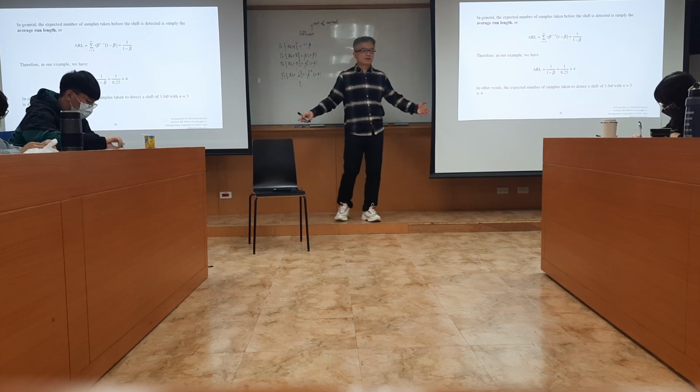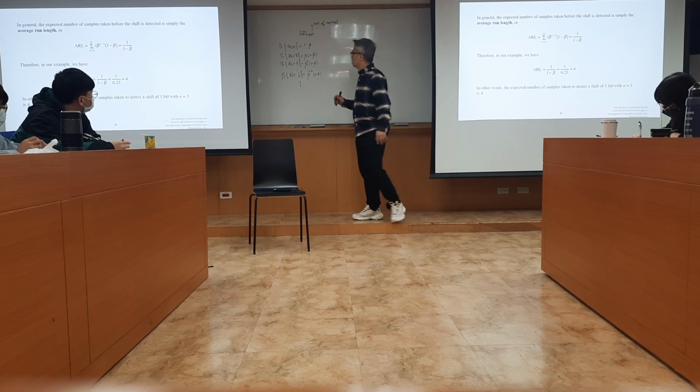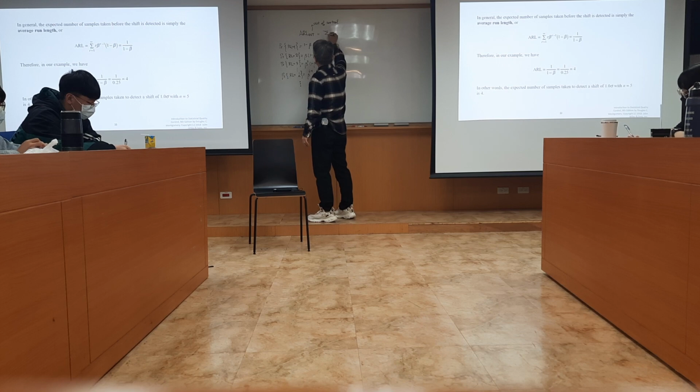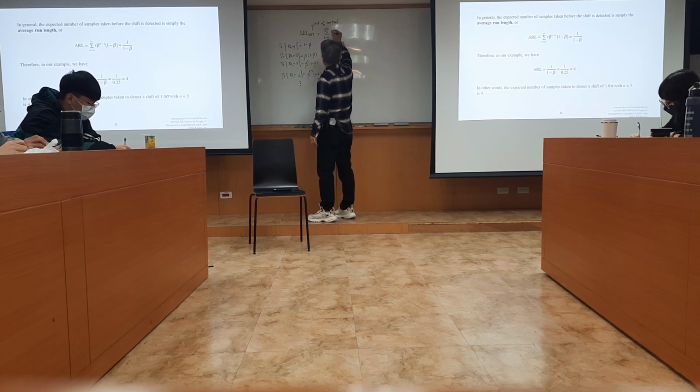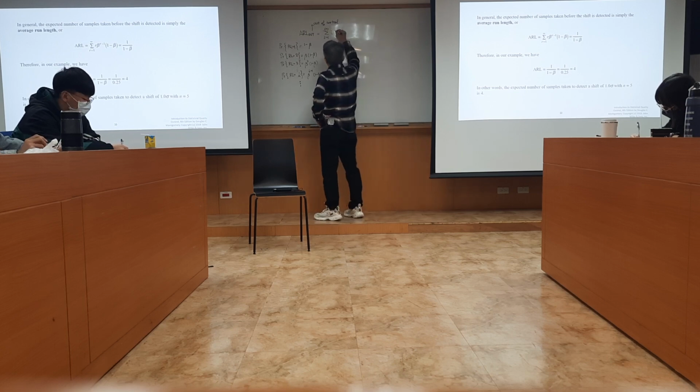So it is an infinite series as well, the same idea. Then the ARL out is equal to the sum from i equals 1 to infinity of i times the probability that RL equals i.